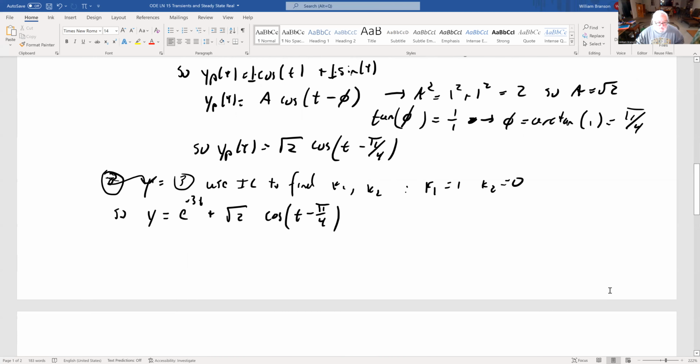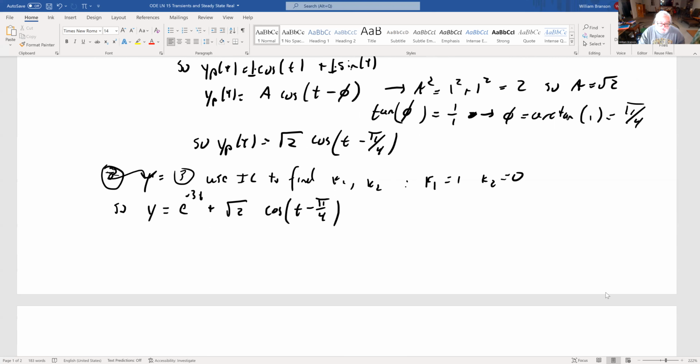It's a little bit tricky to think about because it's an addition of two things, but we know e to the minus 3t looks something like that. We know that square root of 2 cosine of t minus pi over 4 is cosine, shifted to the right by pi over 4, with square root of 2 as its amplitude.